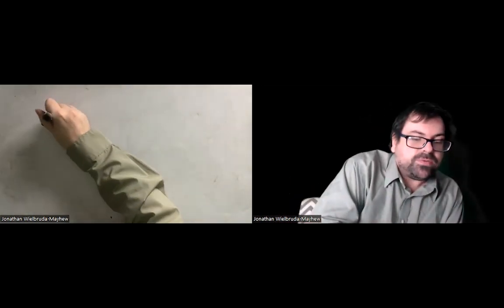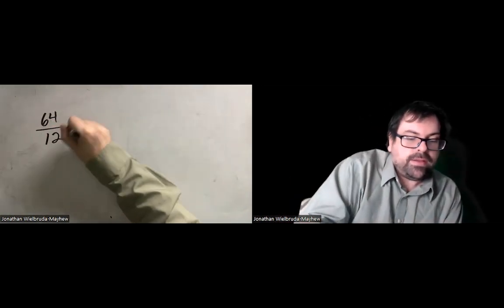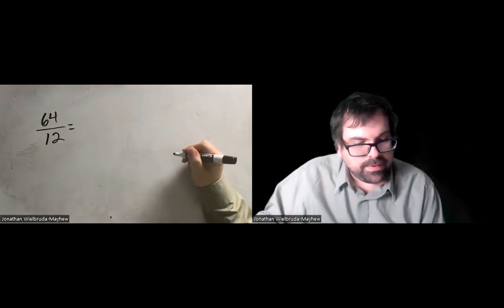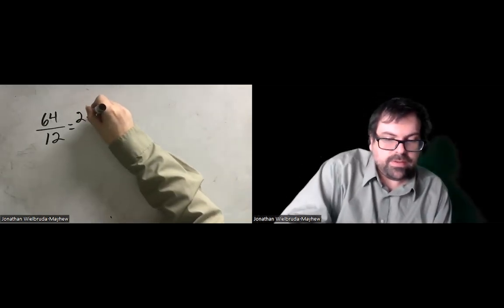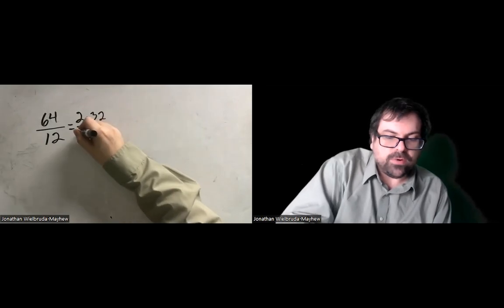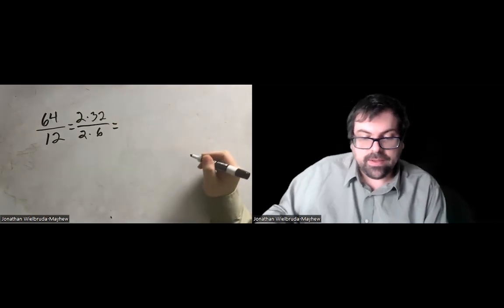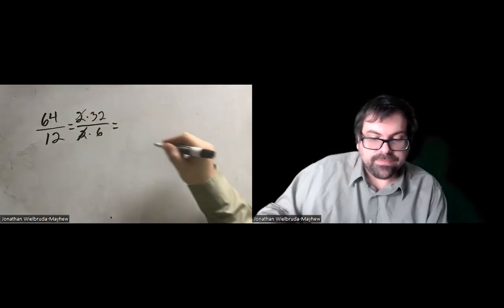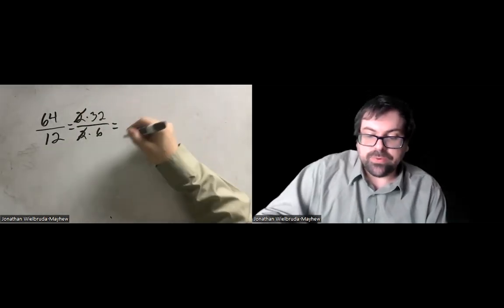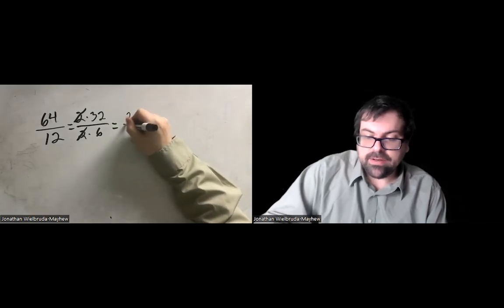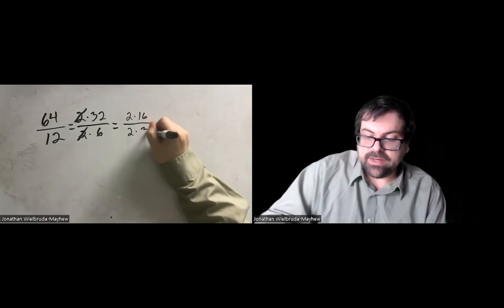What about 64/12? Well, they're both even. 64 is 2 times 32. 12 is 2 times 6. 2's cancel. 32 and 6, both even. 32 is 2 times 16. 6 is 2 times 3.